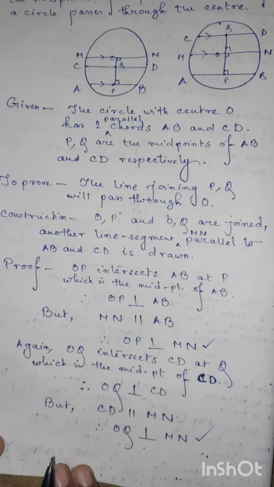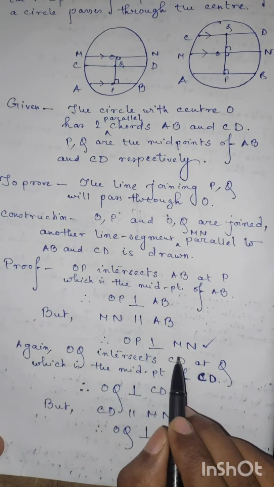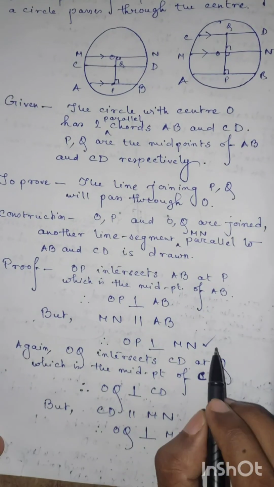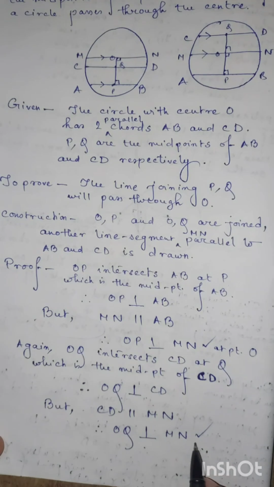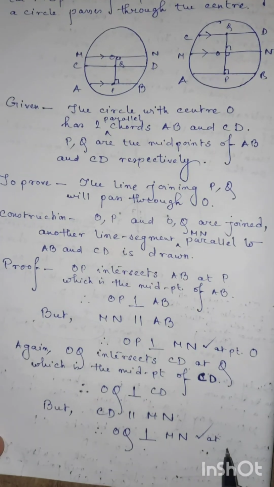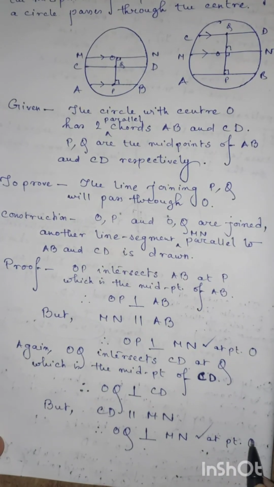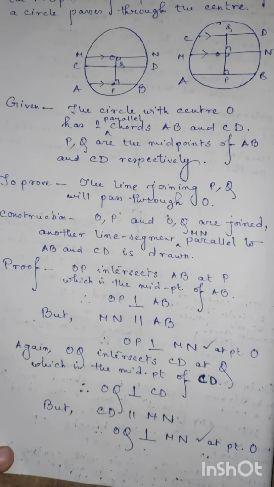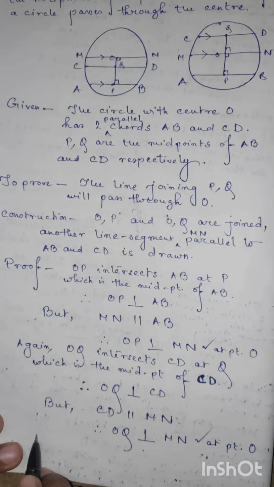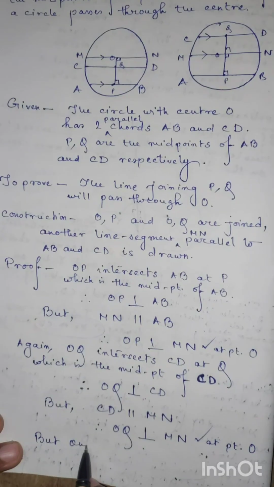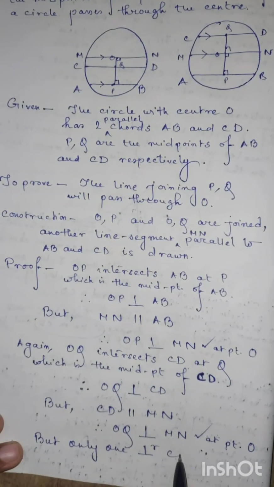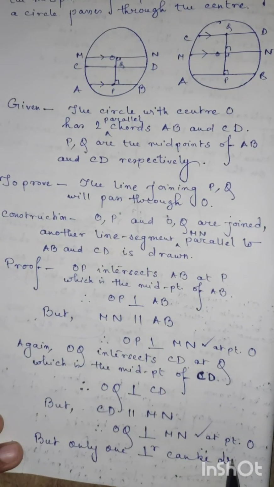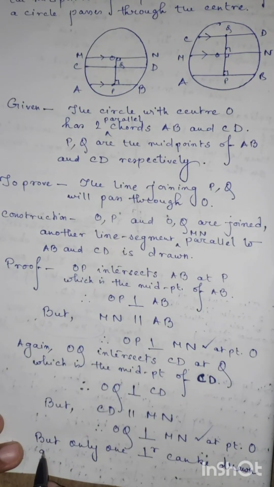Okay, OP is perpendicular to MN at point O. This is perpendicular to MN at point O. But only one perpendicular can be drawn at a point.